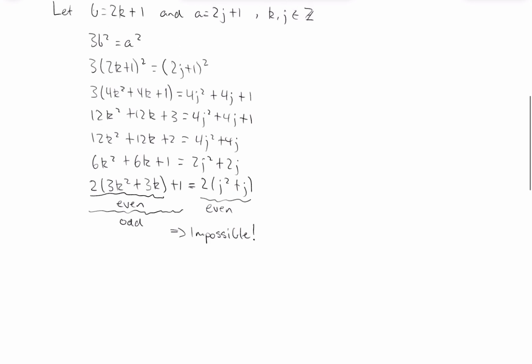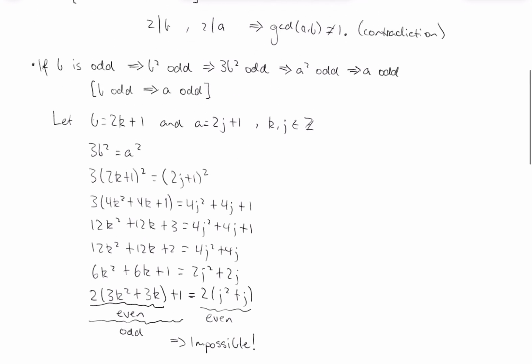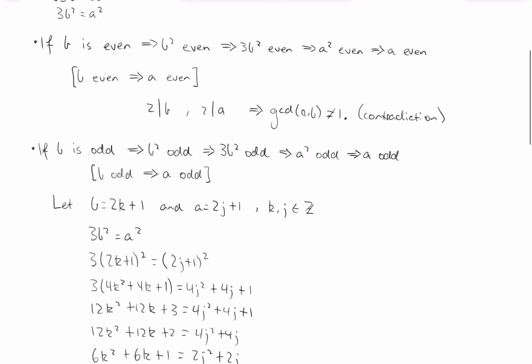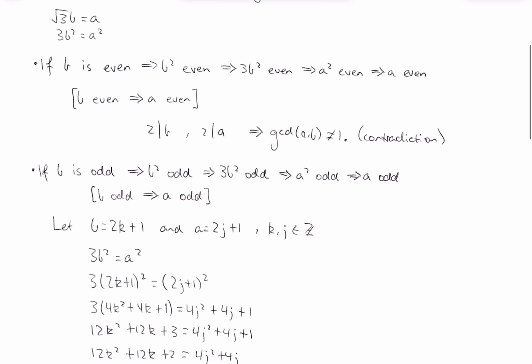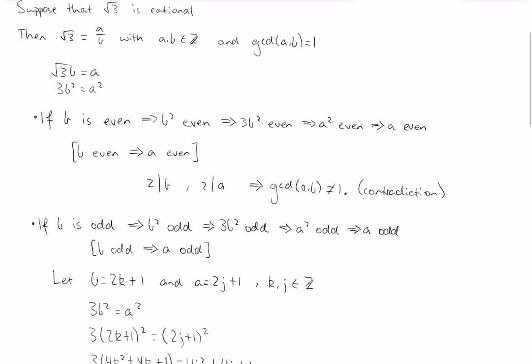In a sense, it's an impossibility or a kind of contradiction. And they're the only two cases, where b is even and b is odd. We went through both of them. That exhausts all the values of b, and we show that whatever b is, we're going to run into a wall. So overall, we have a contradiction.